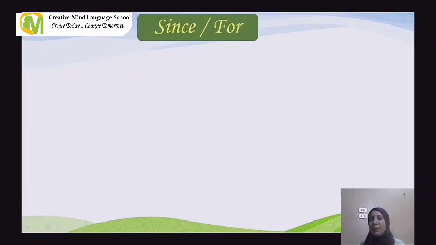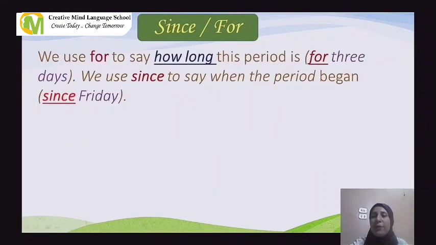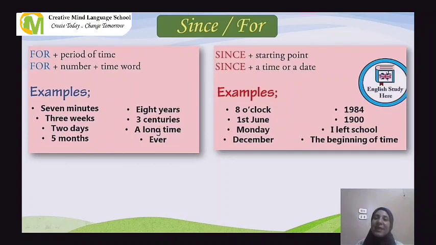The last keywords we have today are since and for. We use for to say how long this period is. Example, for 3 days. We use since to say when the period began. Example, since Friday. After for comes a period of time.